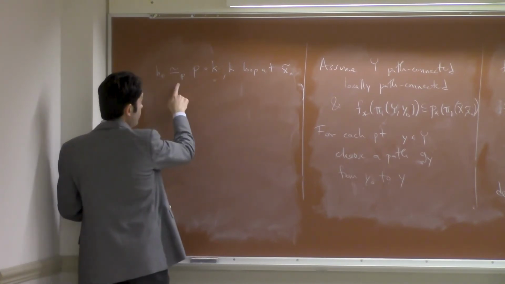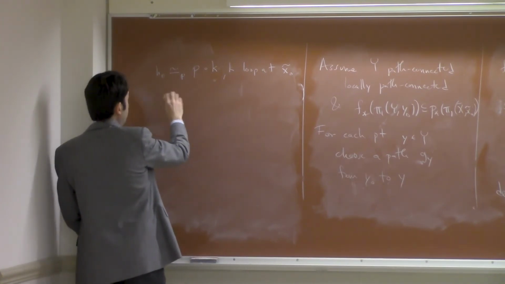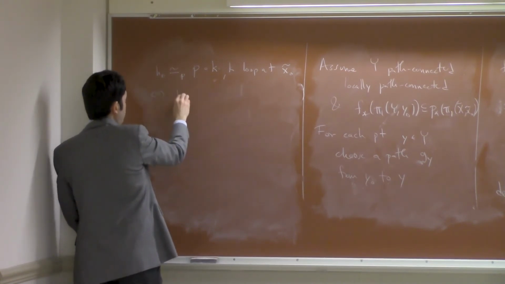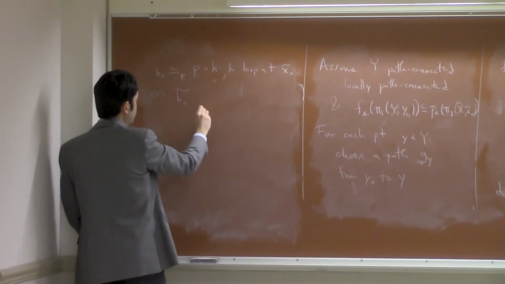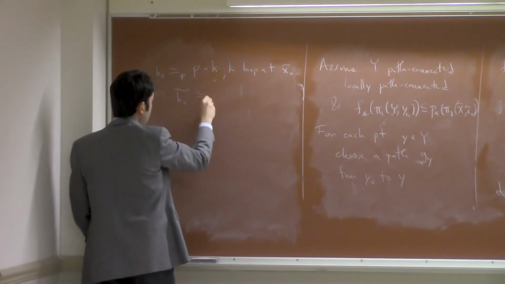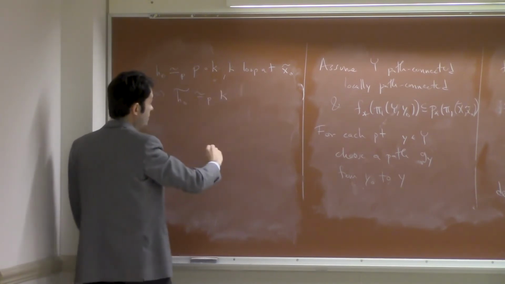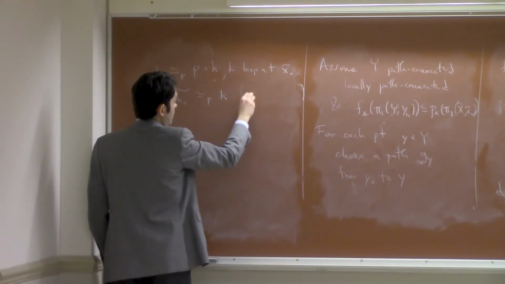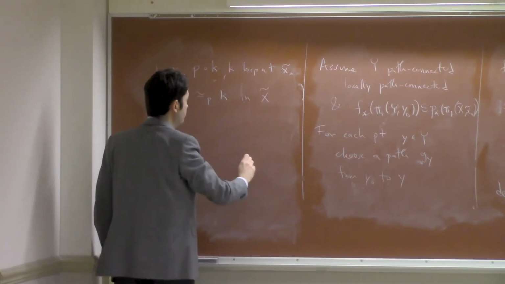So we can lift this path homotopy. By uniqueness of lift, it's the same as saying that h naught tilde is path homotopic to k. This is in x tilde.